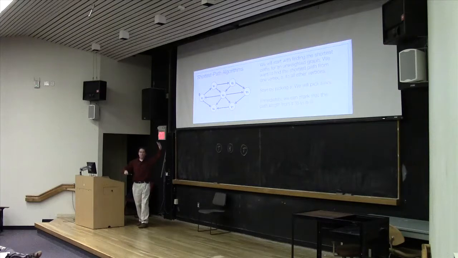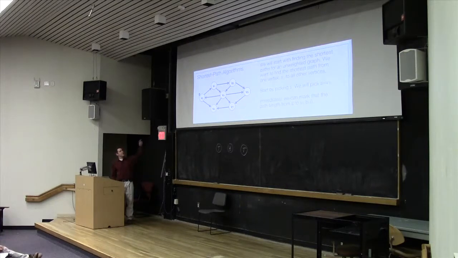Let's start going through how the actual algorithm works here. We're going to say vertex 3 is our start position. If we start on 3 and we want to get to 3, the cost to get there is 0. That makes sense, because you're already there. There's no cost.